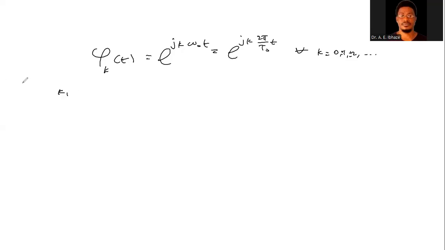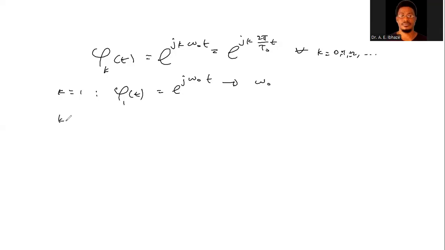At k being 1, we figured out phi 1 of t is the same as exponential j omega naught t. And here we see that we have omega naught.